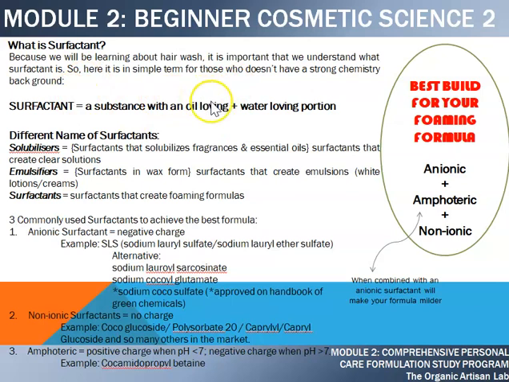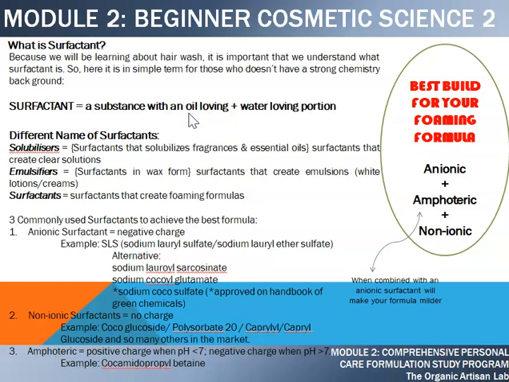A surfactant is a substance with an oil-loving and a water-loving portion. Cosmetic chemists are pretty much familiar with these surfactants, and this is as simple as I can give it to you.